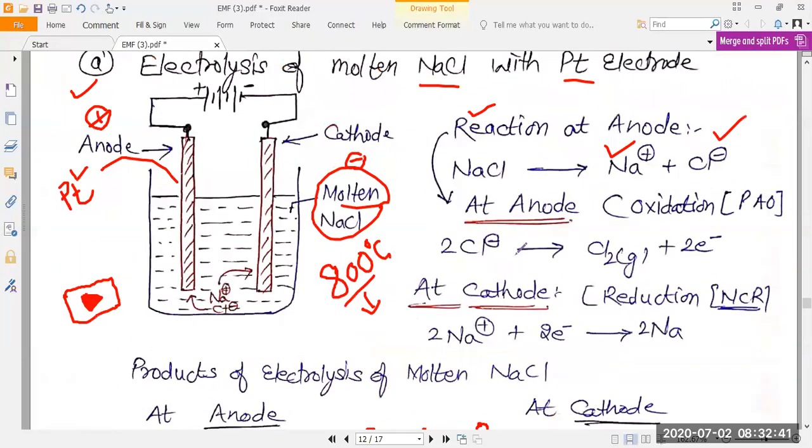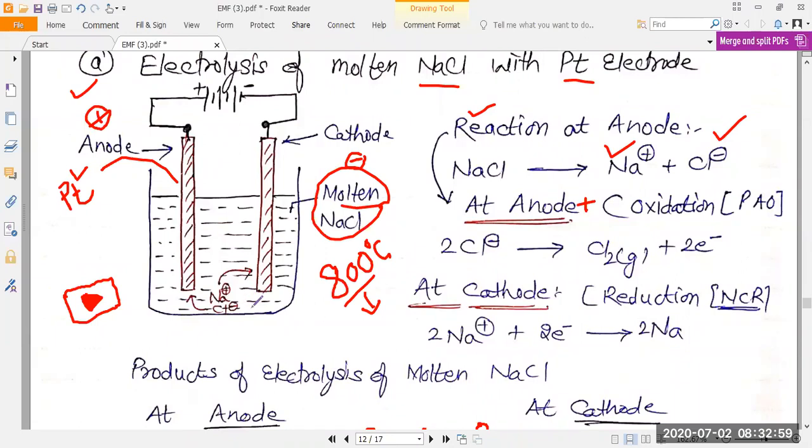The anode is the positive terminal, so negative charge will move towards it. Chloride ions, Cl-, go to the anode side.